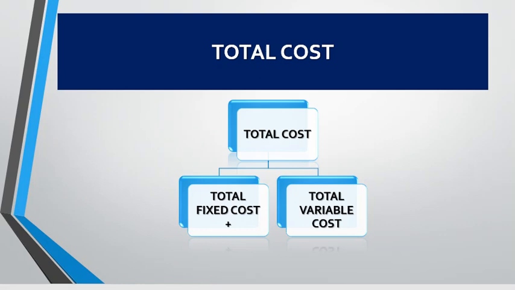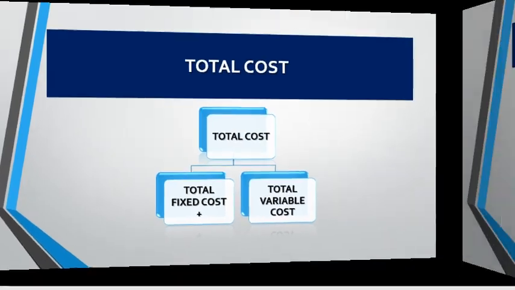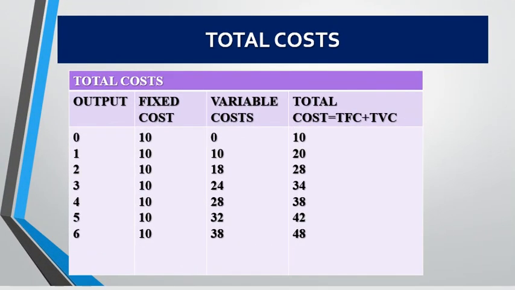So total cost in the short period has two components, total fixed cost and total variable cost. Total fixed cost is incurred on the fixed factors and total variable cost is incurred on the variable factors. So here total cost is the sum total of the total fixed cost and total variable cost.